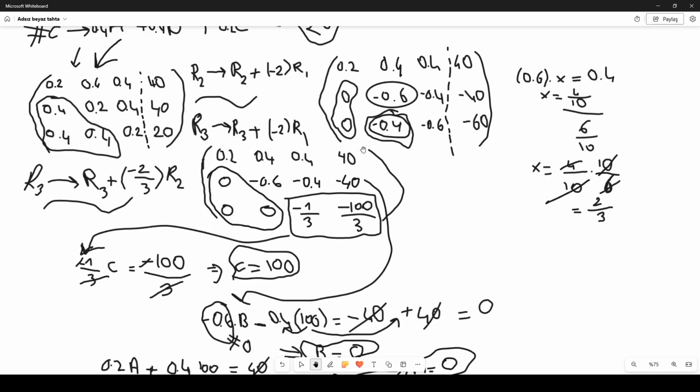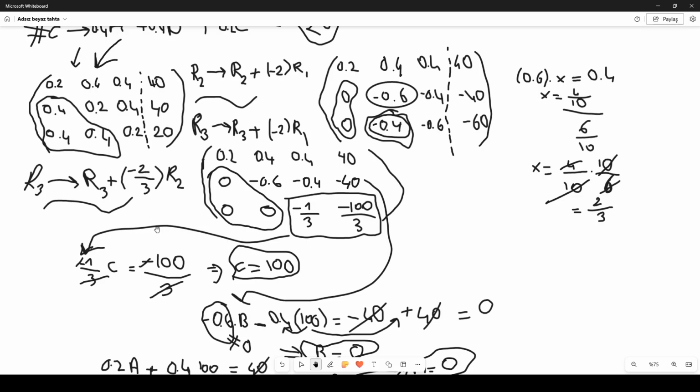What I need to do is replace row number 3, in other words the third row, by something else, by using an elementary row operation that does not change the solution set. Instead of the third row, I added -2/3 times R2 to the third row and replaced it by the result. How did I understand that?